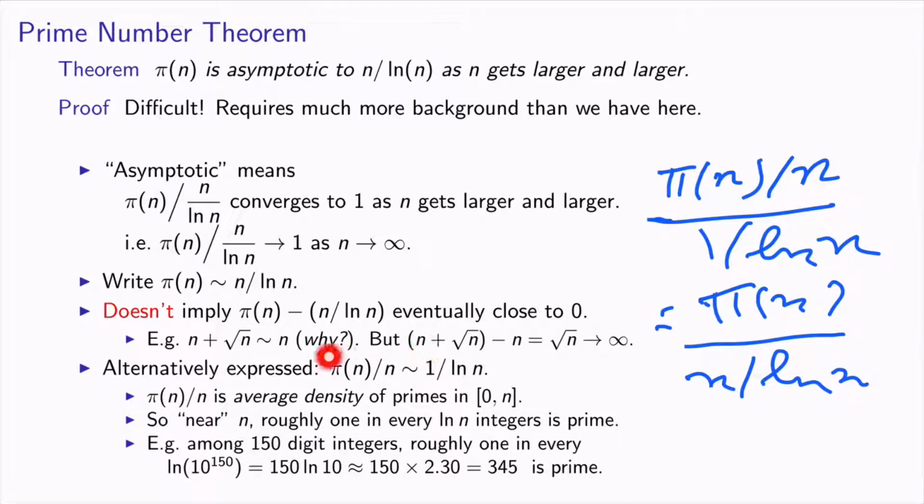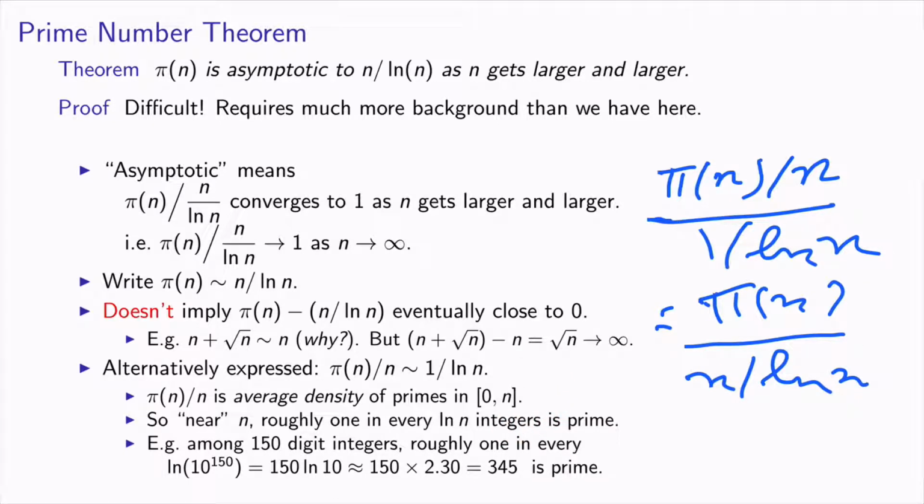Expressing it this way is useful because pi n is the number of primes in this interval, 0 up to n. Think of n as being very, very large, like 10 to the 200 or something. Then pi of n over n is the average density of primes in here.